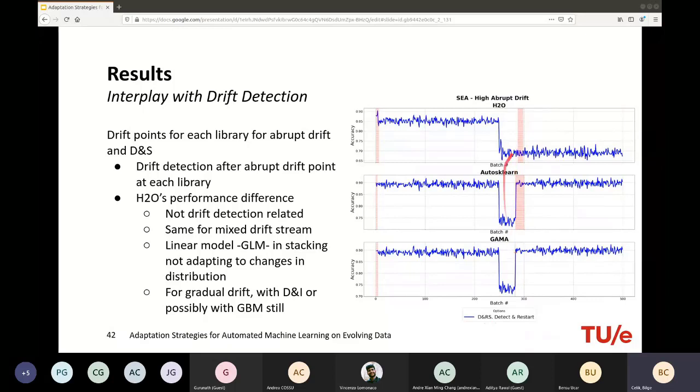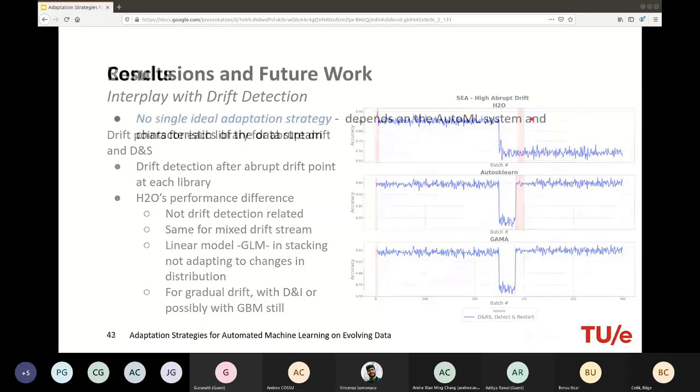GAMA and auto-sklearn manage to recover after this drift detection. And although HTO includes the drift detection points, it fails to recover. This supports our theory that probably the linear model used in the HTO stacking process is not adapting that well. But we still think that HTO is competitive, especially for gradual drift cases. So this concludes my results.